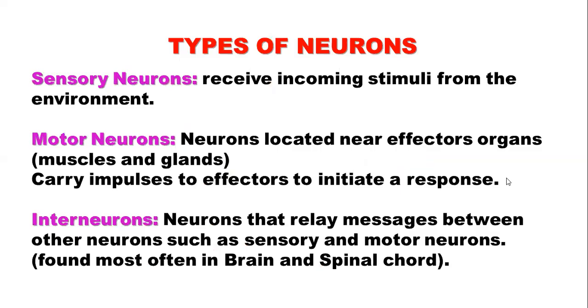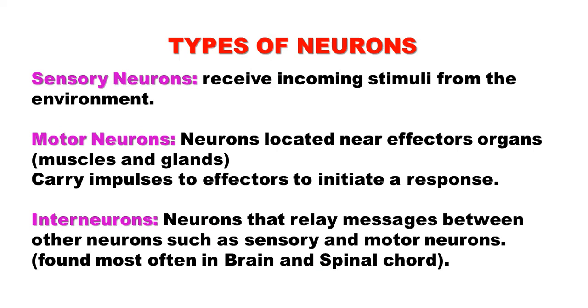Types of neurons. Neurons can be classified in many ways, but in anatomy, we consider these types according to function: sensory, motor, and the interneurons. Sensory neurons receive incoming stimuli from the environment, and motor neurons are located near effector organs and carry impulses to effector organs from the soma to initiate a response.